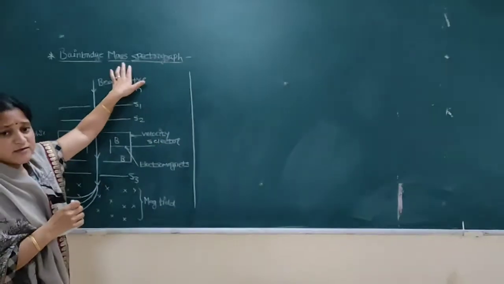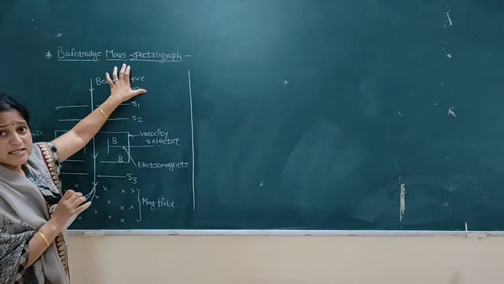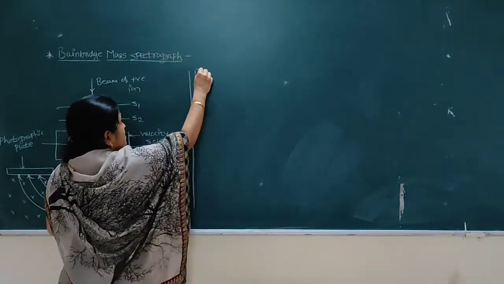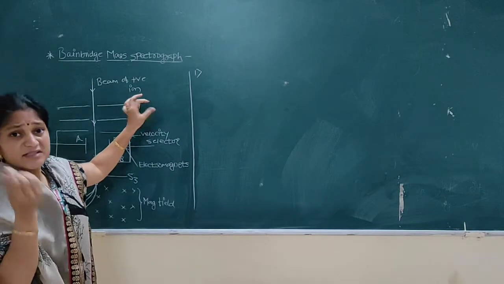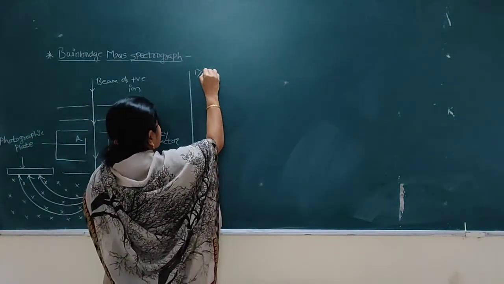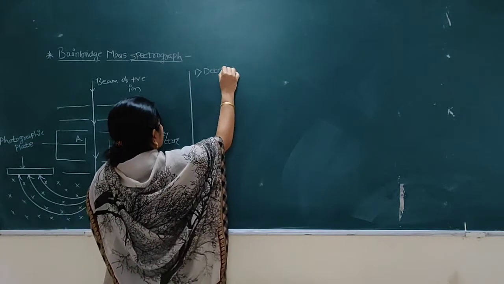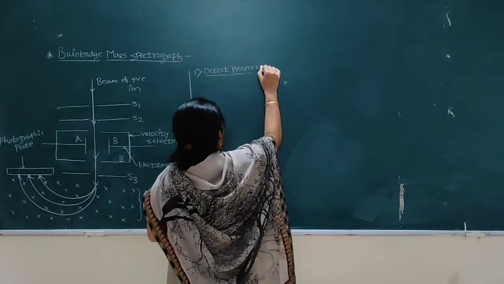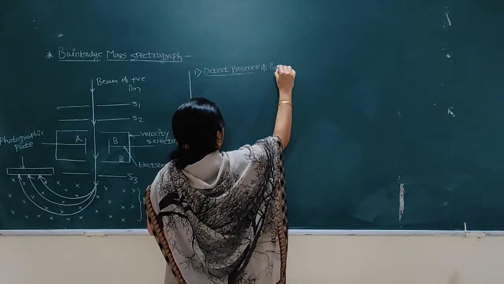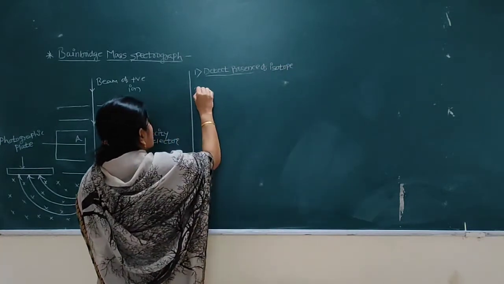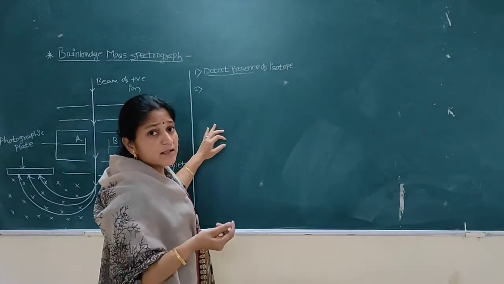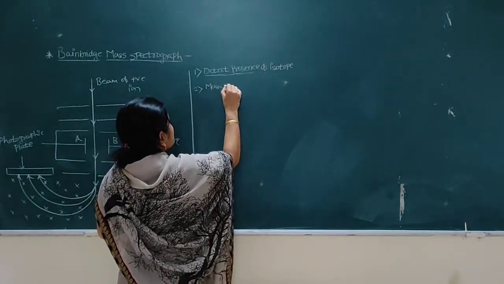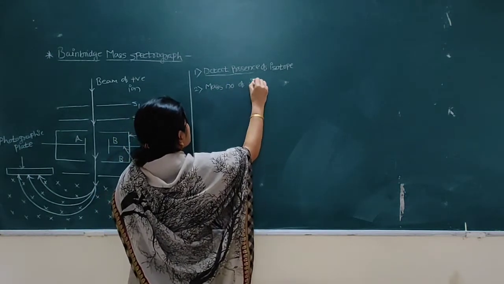Now, the Bainbridge mass spectrograph is a device or instrument used, first, to detect the presence of isotopes. Second, it is used for determining the mass number of isotopes.